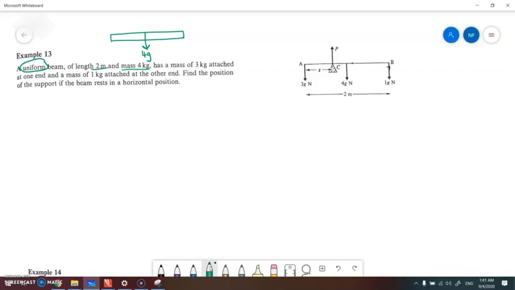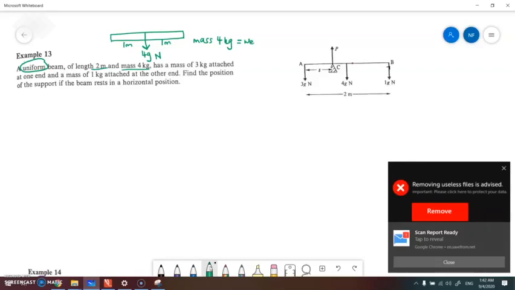So if it is 2 meters, this one is 1 meter and then you have another 1 meter. So this is 4G Newton. Please bear in mind that if the mass is 4 kilogram, the weight is 4G Newton. G means the gravity.